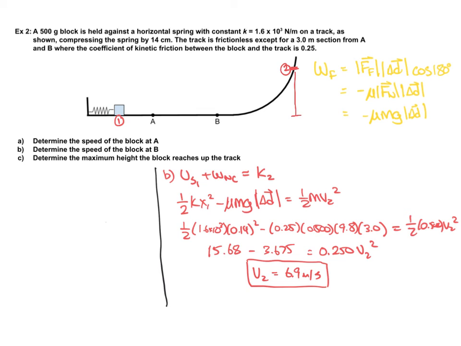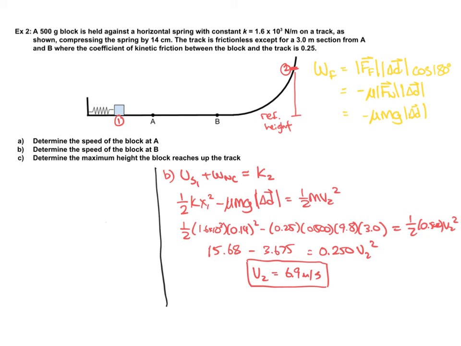I'll set my reference height just at the bottom of the track. Okay, so when I analyze the situation, going from moment 1 to moment 2, my work in part B, a lot of it can actually be reused.